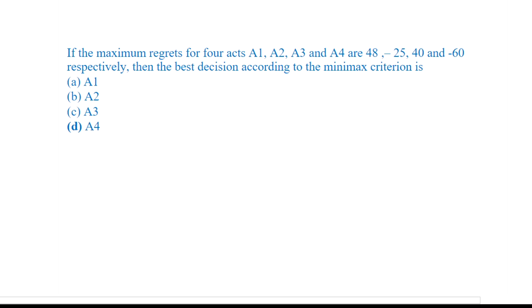For action A1, the maximum value is 48, A2 is minus 25, A3 is 40 and A4 is minus 60. Correct? Now from these maximums I have to look for the minimum value, because it is the Minimax criterion. The minimum value is minus 60, and minus 60 corresponds to A4. So A4 is the right answer. Okay, let's move on to the next question.